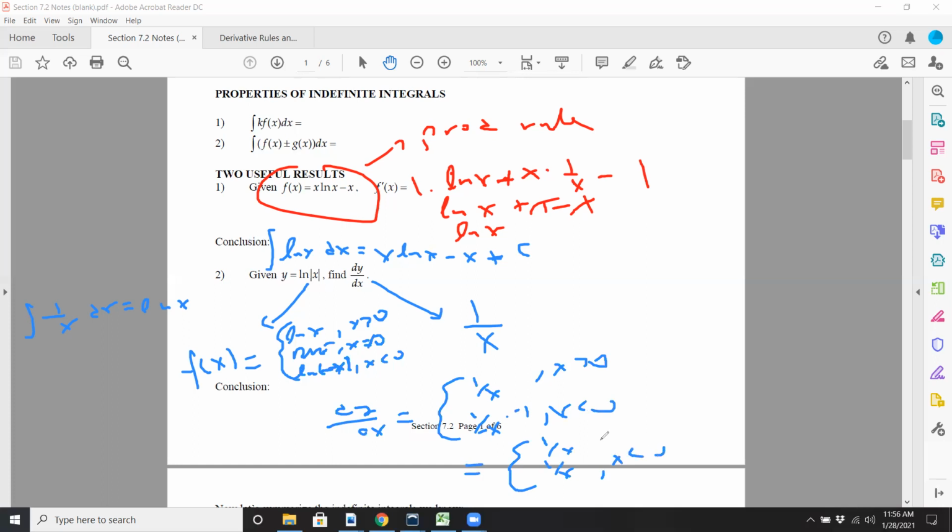So what this tells us is that when you do the integral of 1 over x, you simply get ln x plus c. And the assumption is that your x is going to be positive, or greater than 0.